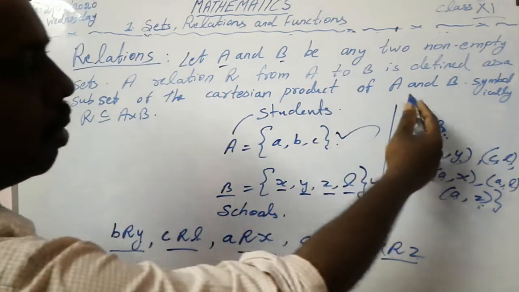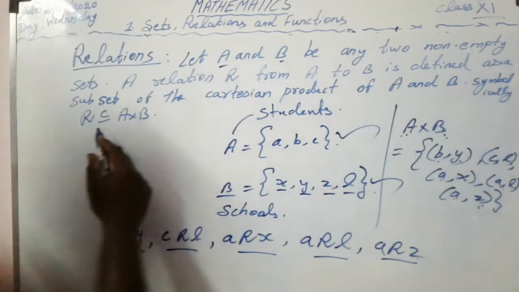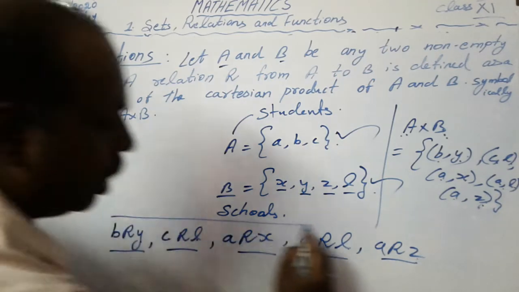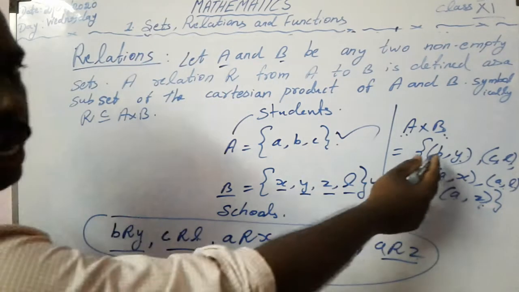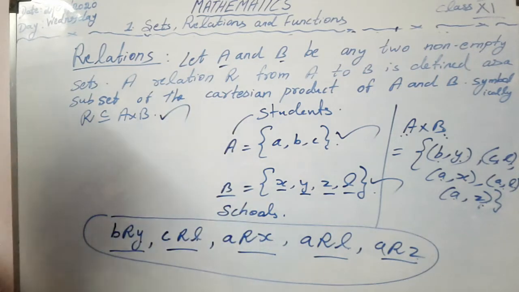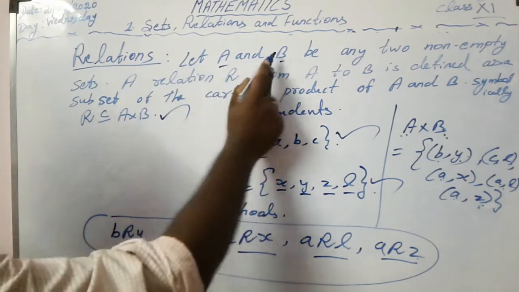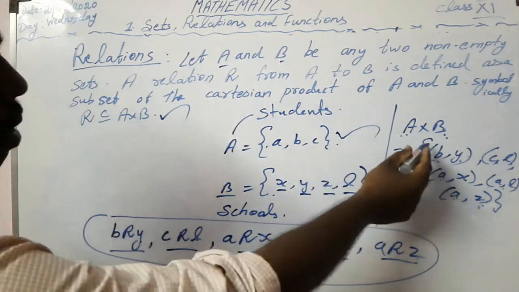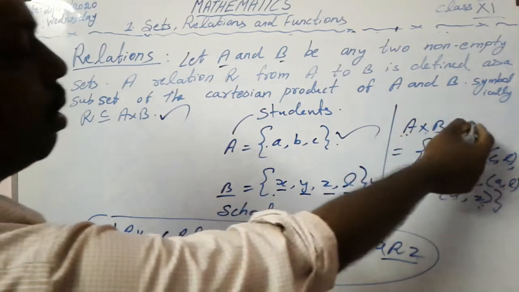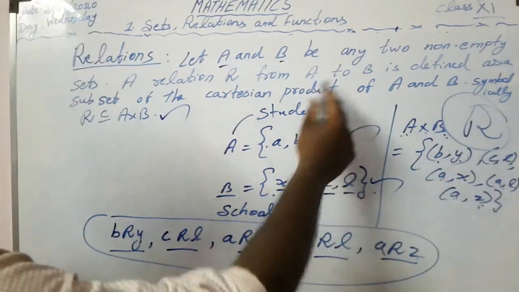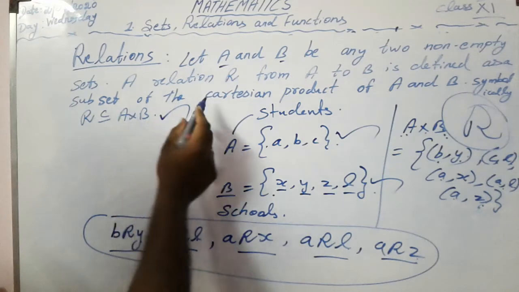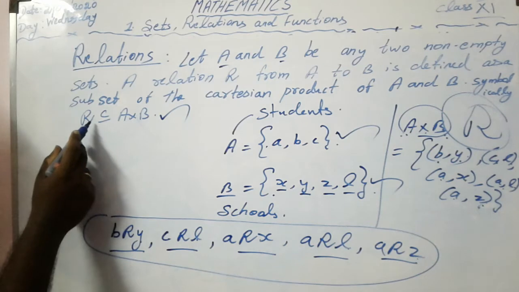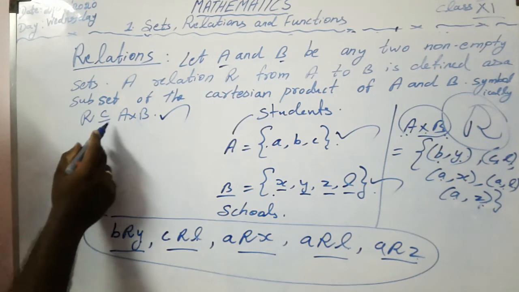Subsets of the Cartesian product of A and B. Symbolically we can write R is a subset of A cross B. Now understand the definition once again. Let A and B be any two non-empty sets. A relation R from A to B is defined as a subset of the Cartesian product of A and B. Symbolically it can be written as R is a subset of A cross B.